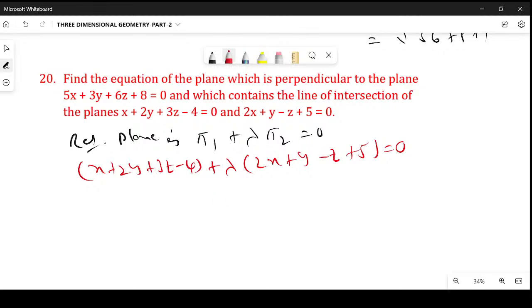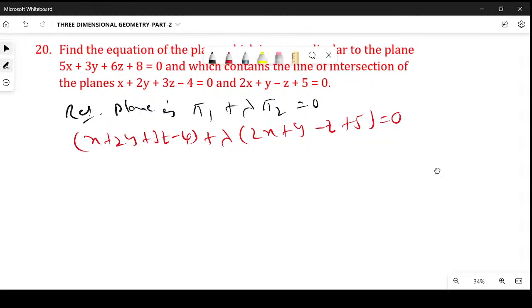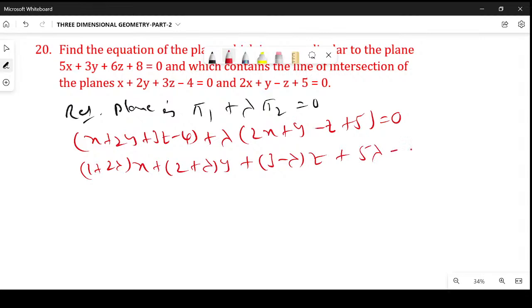Now if we rearrange this, it will come 1 plus 2 lambda into x, you get 2 plus lambda into y, and you'll get 3 minus lambda into z, and plus 5 lambda minus 4.